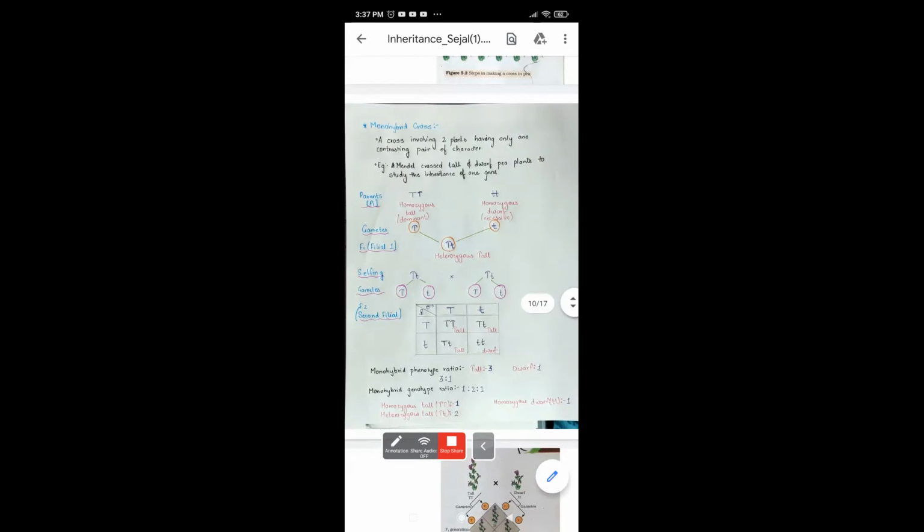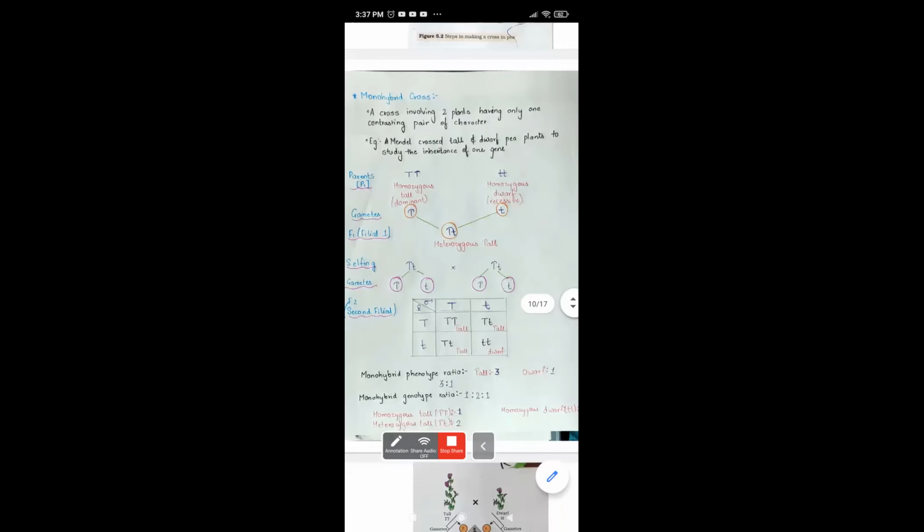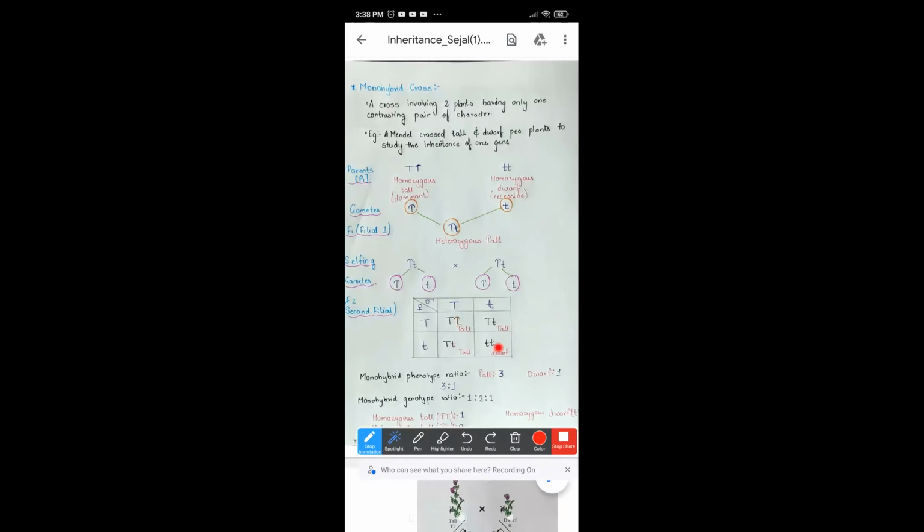We can see in this Punnett square that there are a total of 4 boxes. Only one box of the 4 contains homozygous tall, and only one of the 4 contains homozygous dwarf.